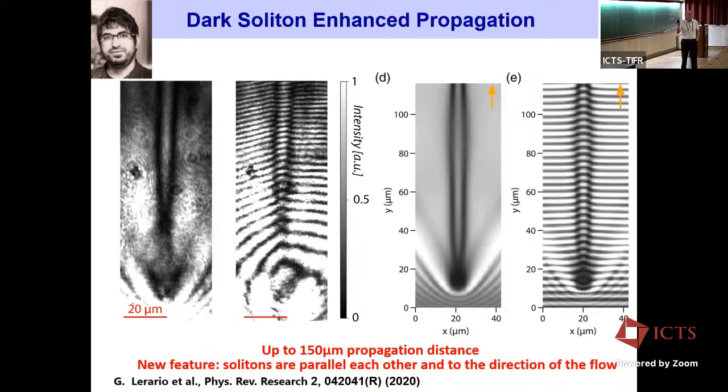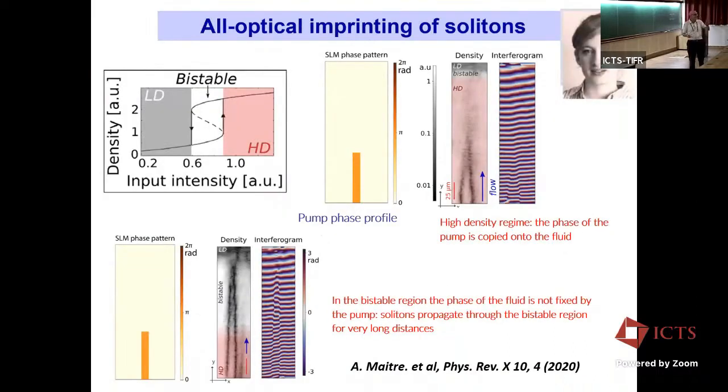Up to now, what I have shown to you is our experiment in which we exploit the interaction of the polariton fluid with an obstacle. But the fact that we can control the phase of the fluid also allows us to imprint directly the topological excitation that we want to study.